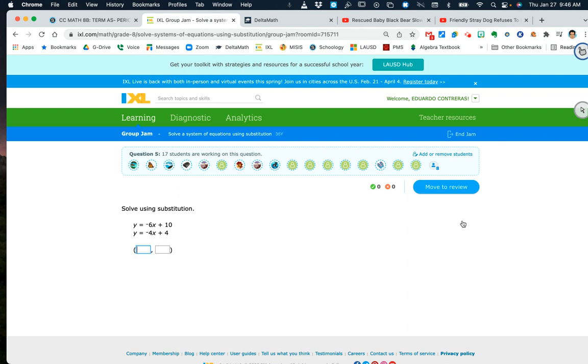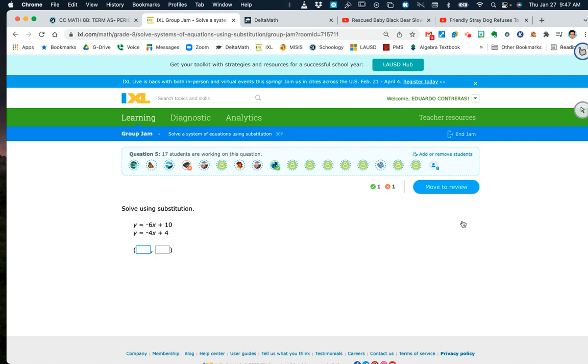It says y equals negative 6x plus 10 and y equals negative 4x plus 4. Write those down, please. That's basically two equations in slope-intercept form. But they both equal y. So we can interchange. We can substitute in the other side of the equal sign into the equation.